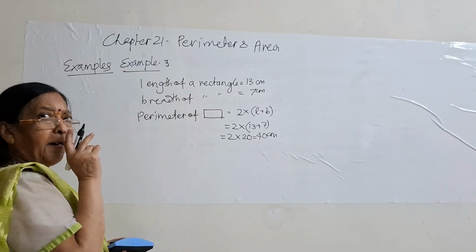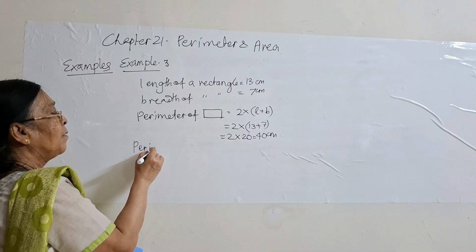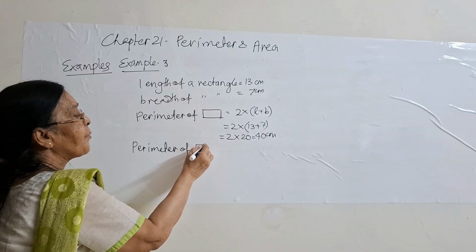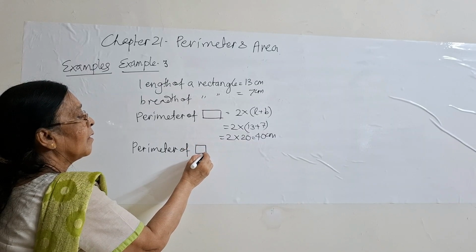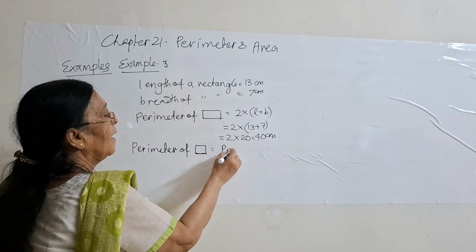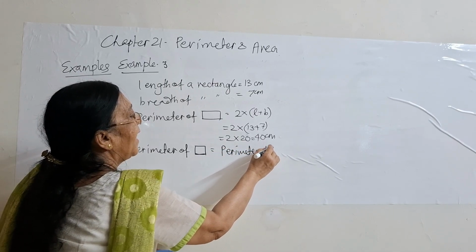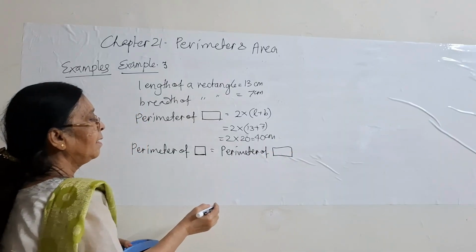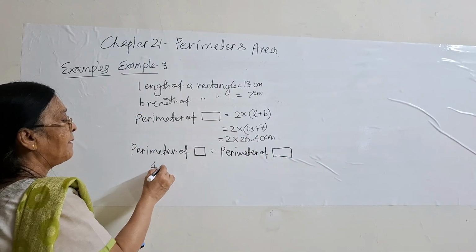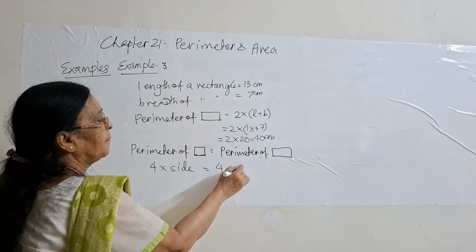Now it is said that the perimeter of this rectangle is equal to the perimeter of a square. They have the same perimeter. So the perimeter of the square means 4 multiplied by its side, which is equal to 40 centimeters.